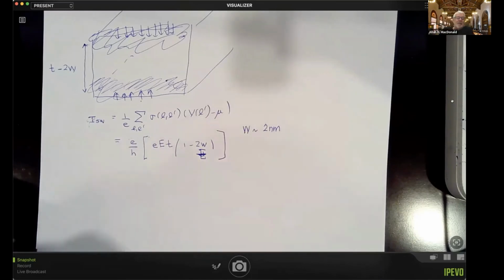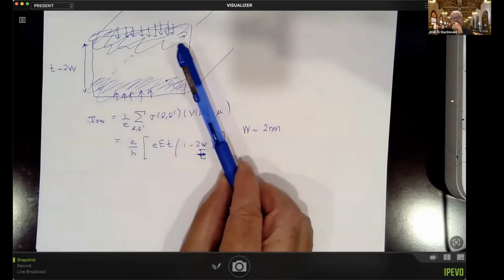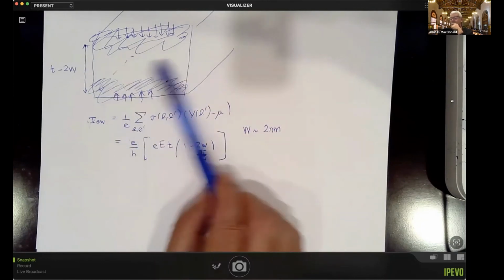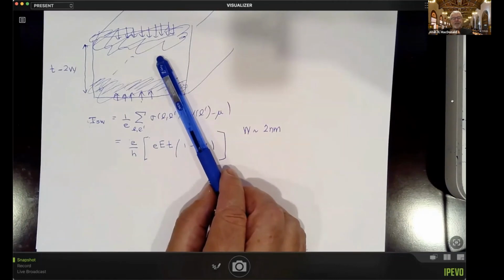And it's hard to make films of this thickness. So maybe I won't talk about the materials challenges. There are two types of materials challenges: as the films become thicker, what's going on in the bulk matters more.